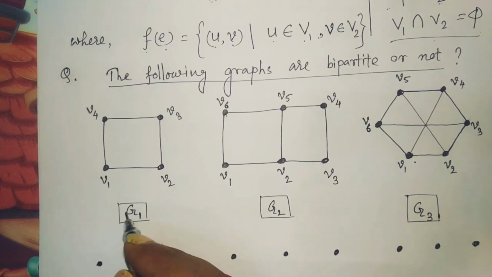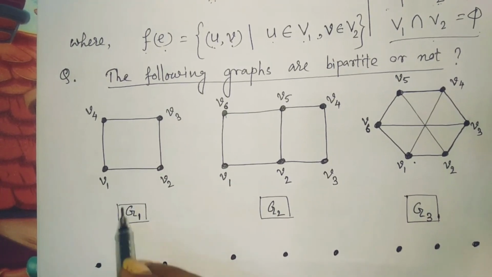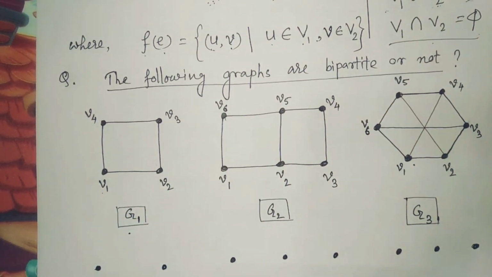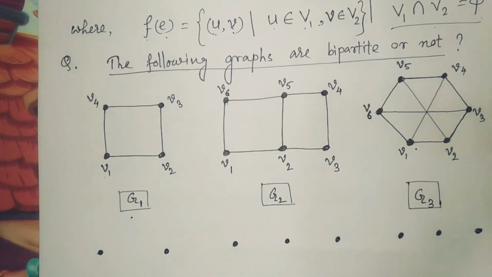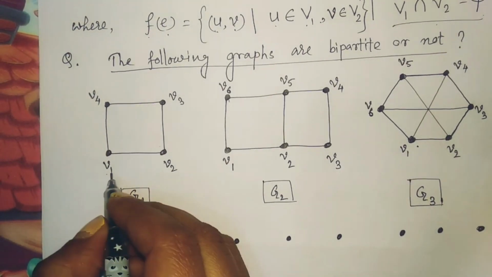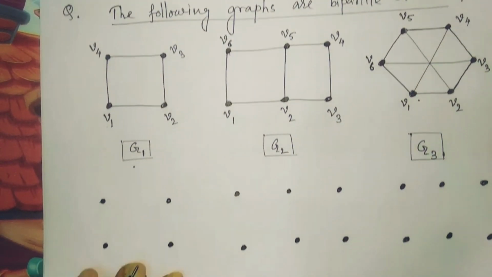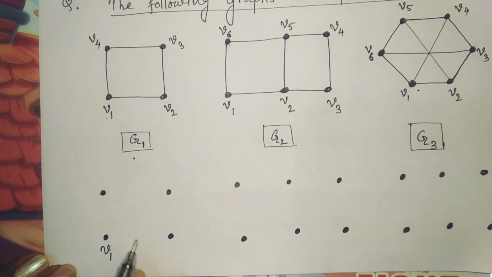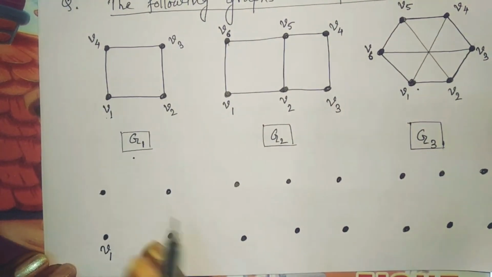So the first graph is G1. Here 4 vertices are there, v1, v2, v3 and v4. Now let us draw the graph again accordingly. Initially let us set a vertex here, v1. v1 connects with v2 and v4.